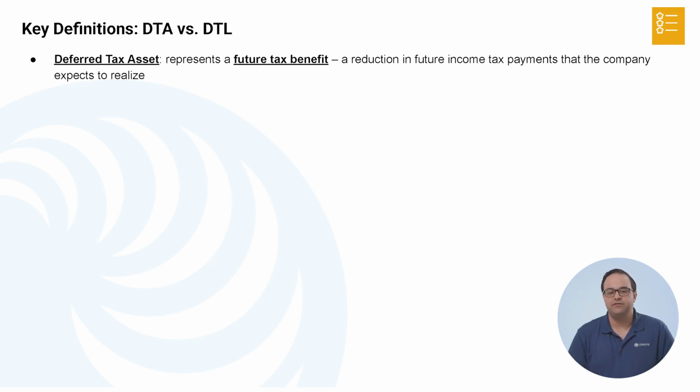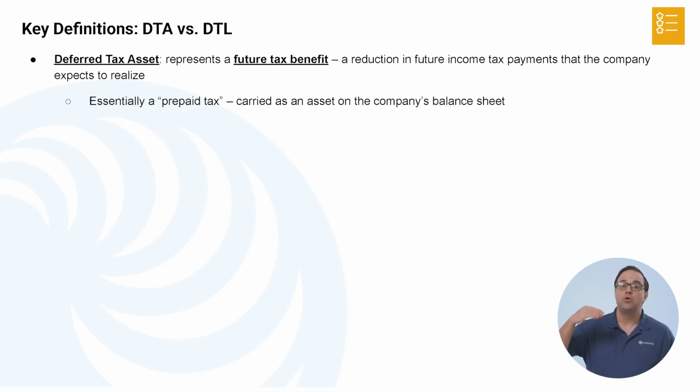The way I think of this is a prepaid tax. In this scenario, a company has paid more in taxes in the current year, and that effect is expected to reverse itself going forward in the future, which is an asset and a benefit to the company today.